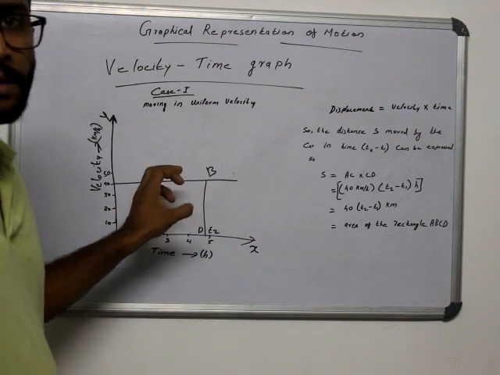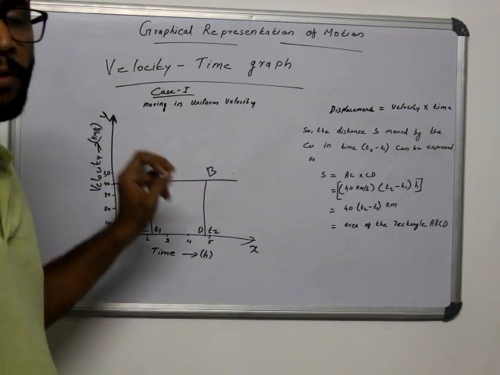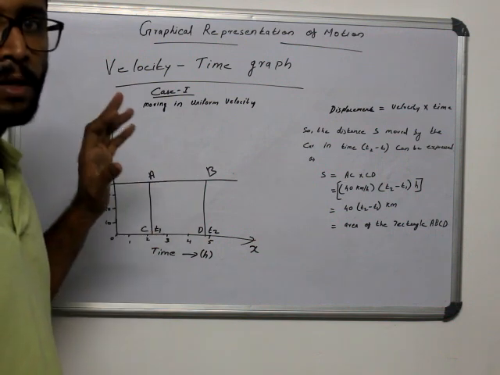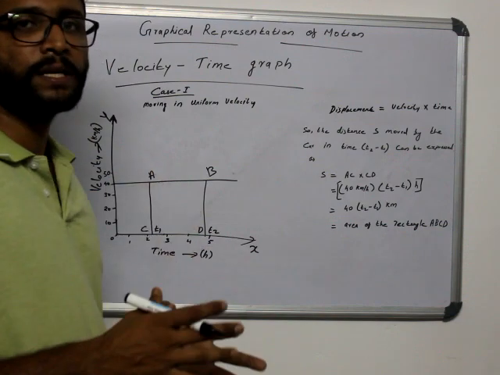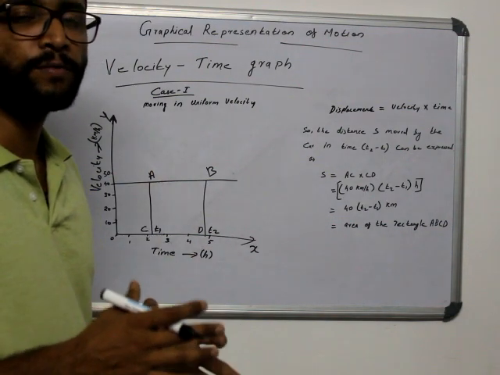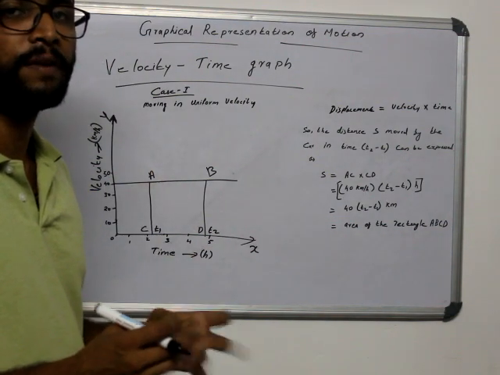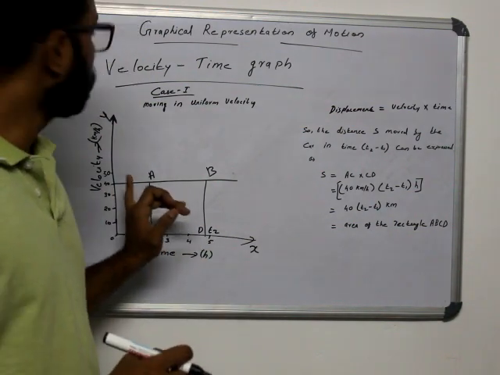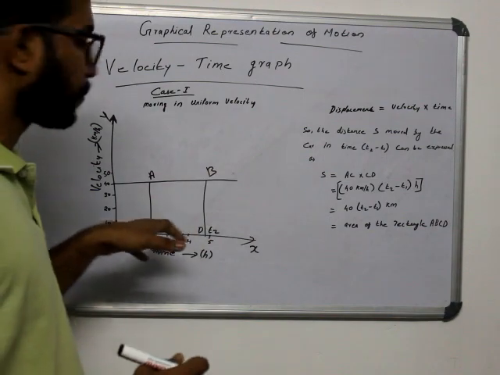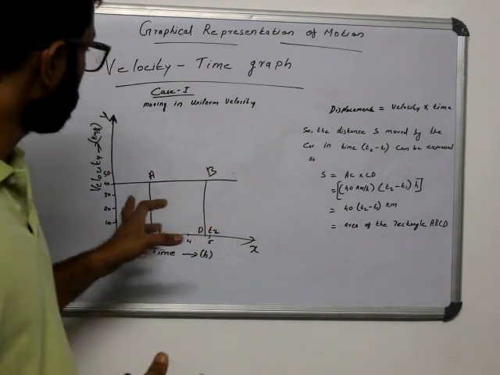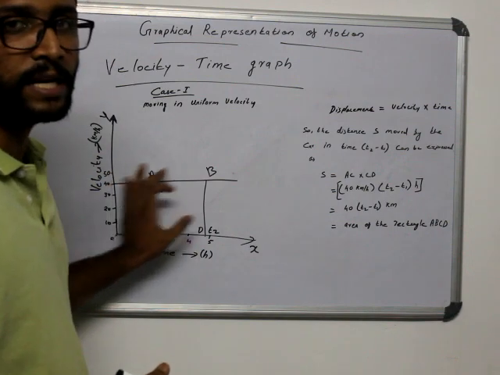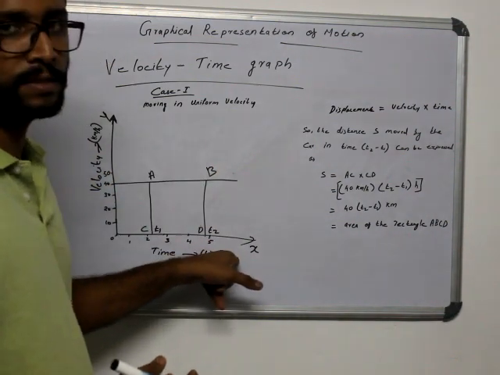Here I have taken an object which is moving at 40 km per hour. That object is moving at 40 km per hour at every instant of time. So the graph will be there. You will get a straight line which is parallel to the x-axis.